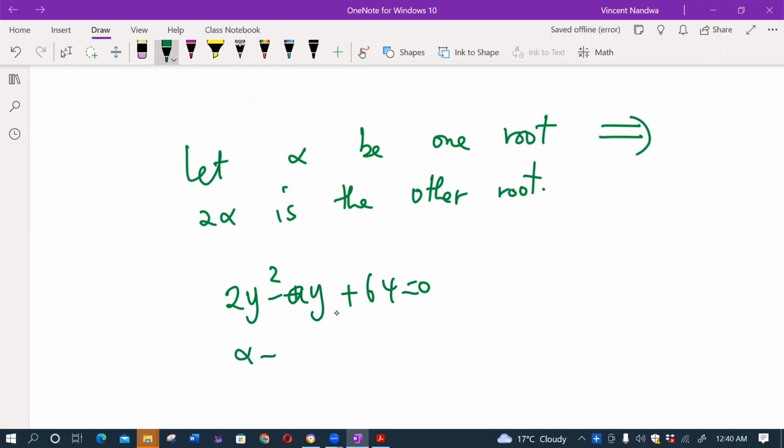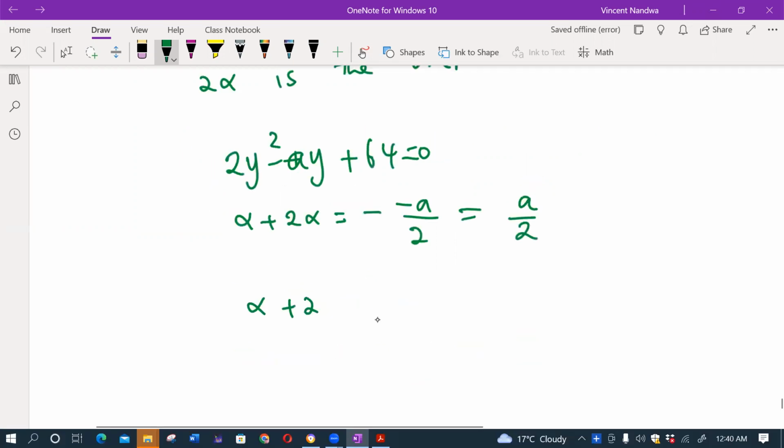So when I add alpha plus 2 alpha, I should get negative of b, in this case minus a over 2, so we get a over 2. And when I multiply alpha and 2 alpha, I should get c over a, which is 64 over 2, which is 32.